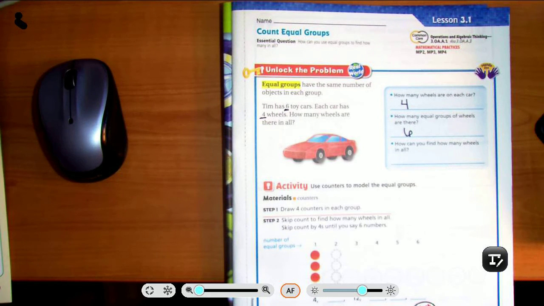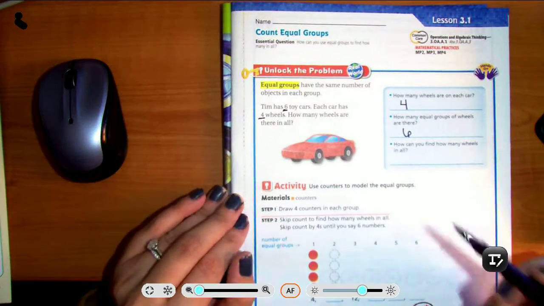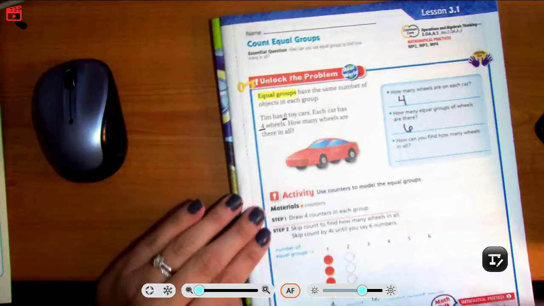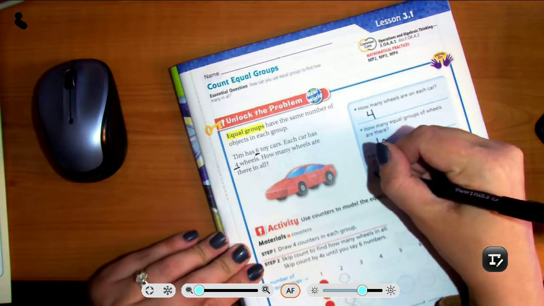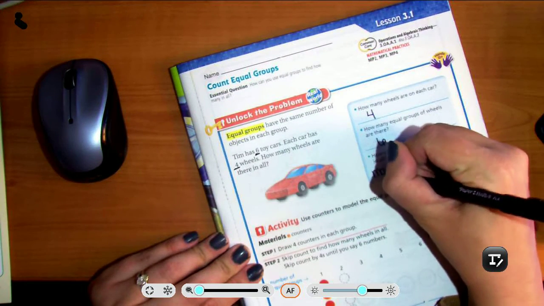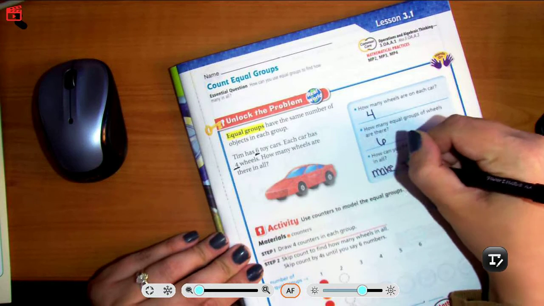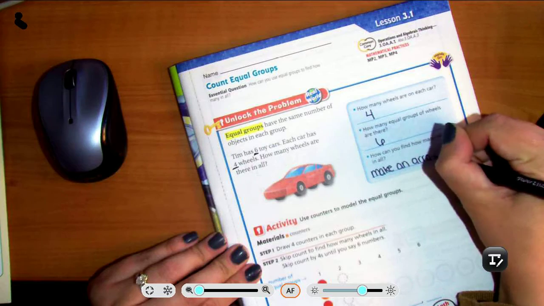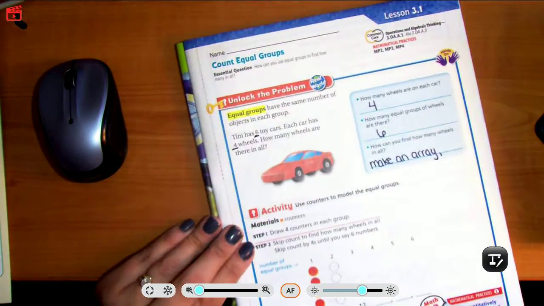So, how do we solve this? I'll give you a couple of options. You can do an array. Okay, so I'm going to write that. Make an array, comma.